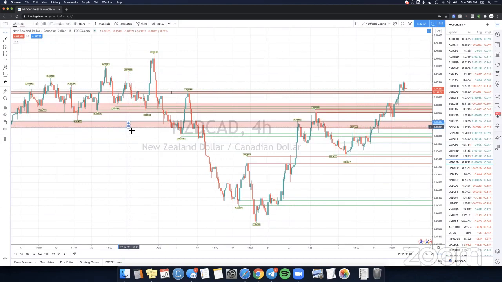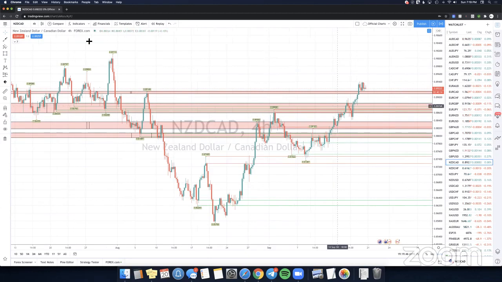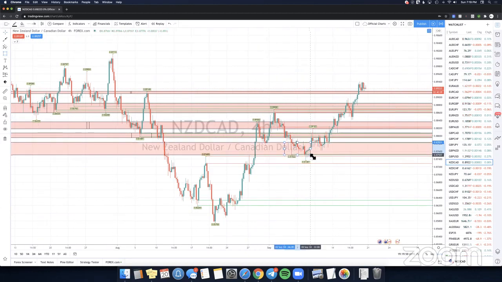Let's see this down there. And I'm not going to really focus on this too much because, like I mentioned earlier, price is way up here. So these zones down here are kind of irrelevant, but I'm just marking them up so that you guys can see where these zones are.